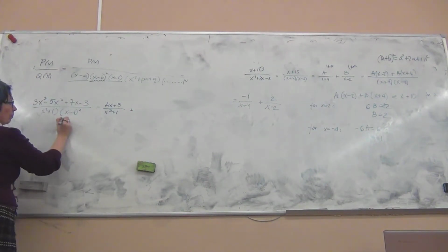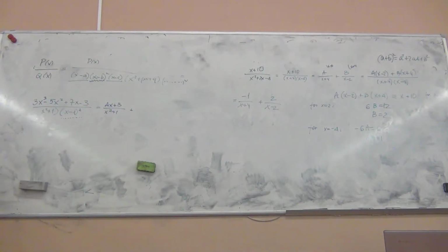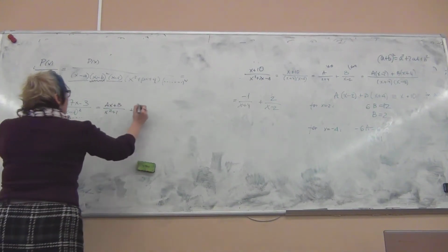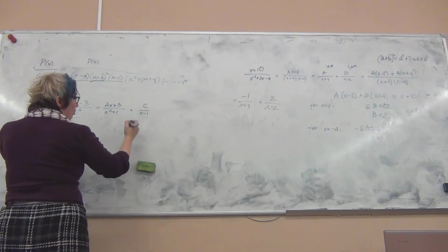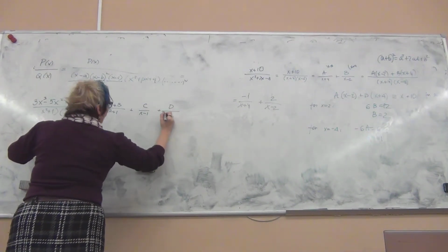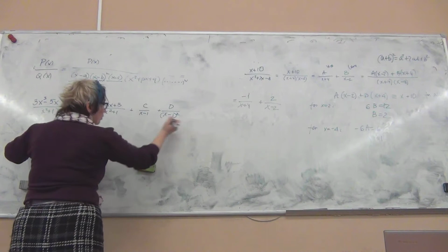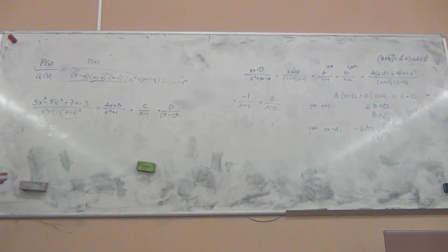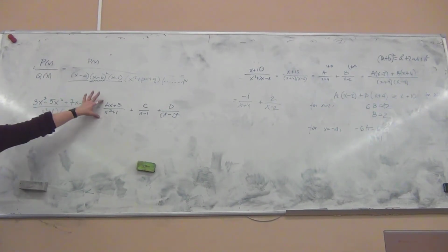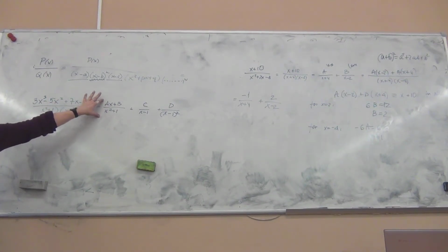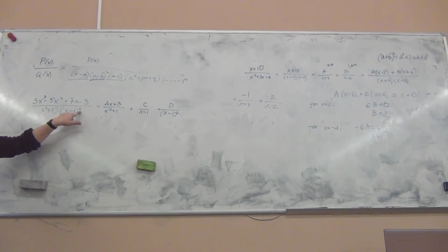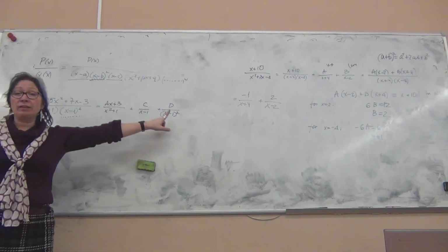Now, this is a double factor, which means I will have two elementary fractions from this: c over x minus 1, type 1, plus d over x minus 1 squared, type 2. So for x squared plus 1, we get type 3. And for x minus 1 squared, we get type 1 and type 2.